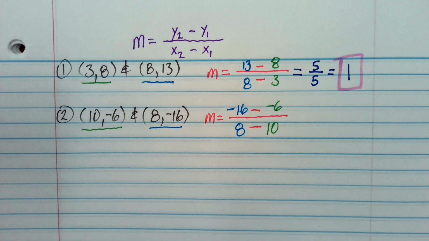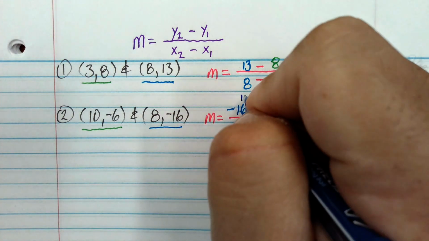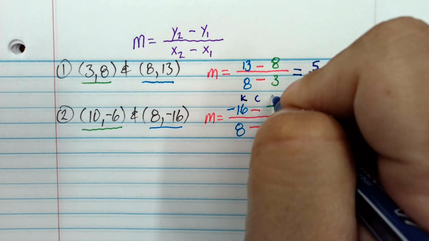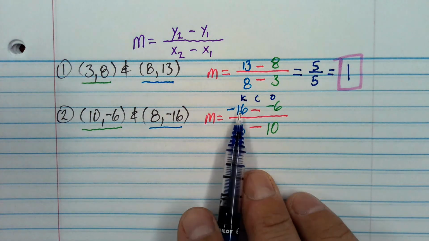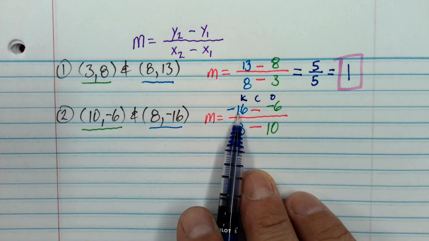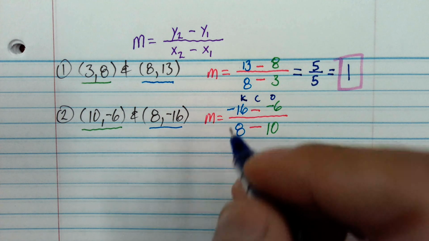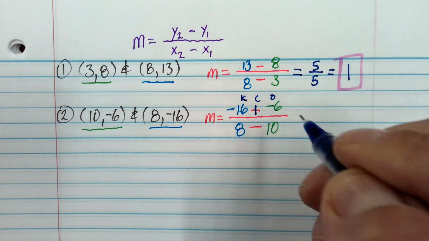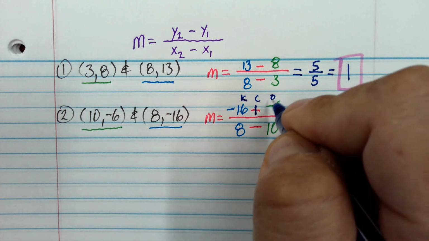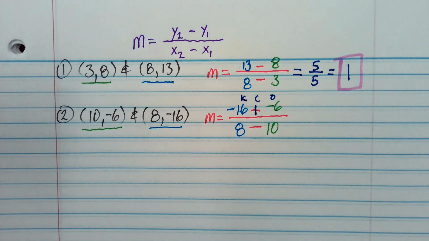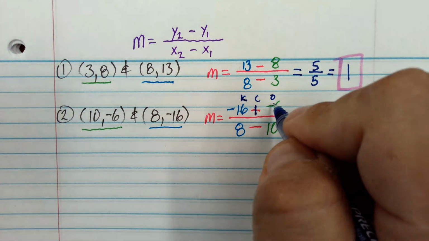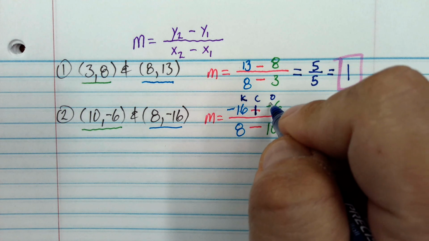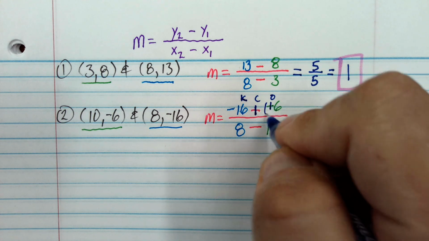You do keep, change, opposite. We call it KCO. So you keep the first number, right? You change the subtraction. That's the C. And you want the opposite of the second number. It's a negative. So if it's -6, you just put a plus there, make it +6.